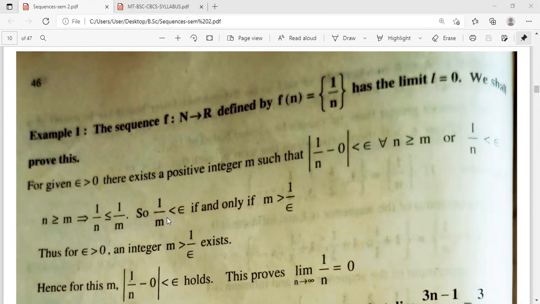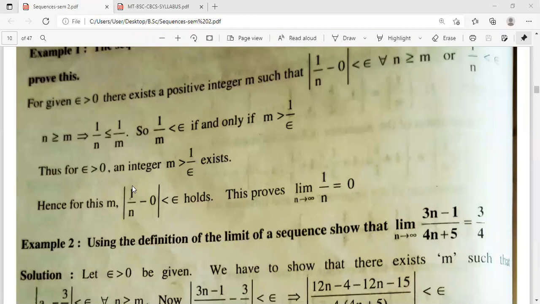That means m is greater than 1 by epsilon, since you take the reciprocal of epsilon as 1 by epsilon and of 1 by m as m. Here less than will become greater than, because you are taking the reciprocal. And I already told you, whenever you take the reciprocal or negative on both sides, the inequality changes.